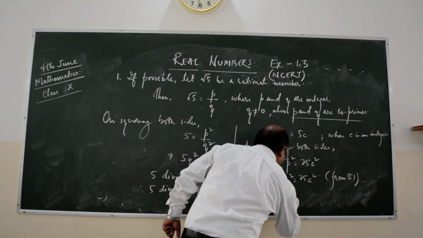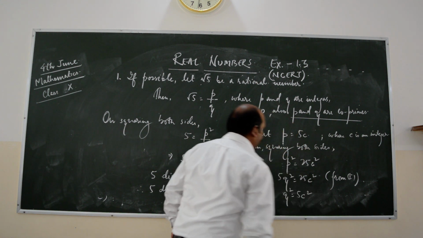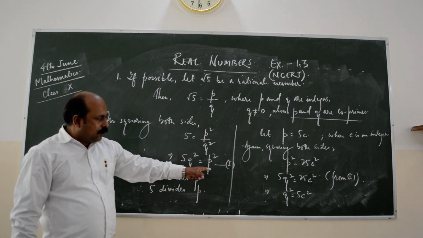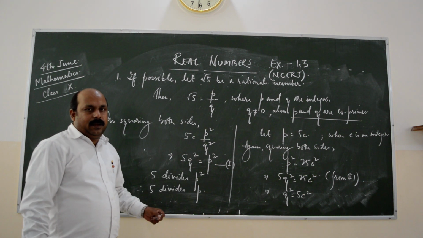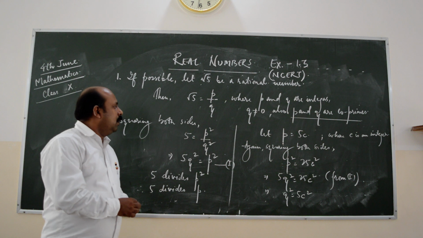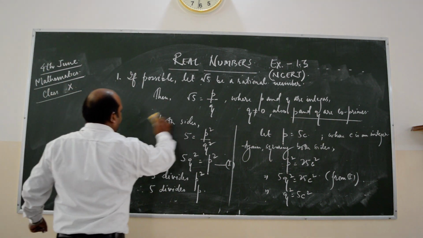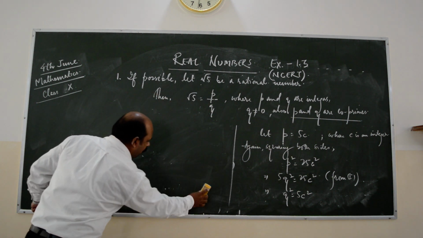On dividing both the sides by 5, Q square is equal to 5C square. So C is an integer, C square is also an integer. So I have written Q square as a multiple of 5. So you can say 5 divides Q square also. I am writing it here. You can pause the video if you want to note. You can take a note of this.